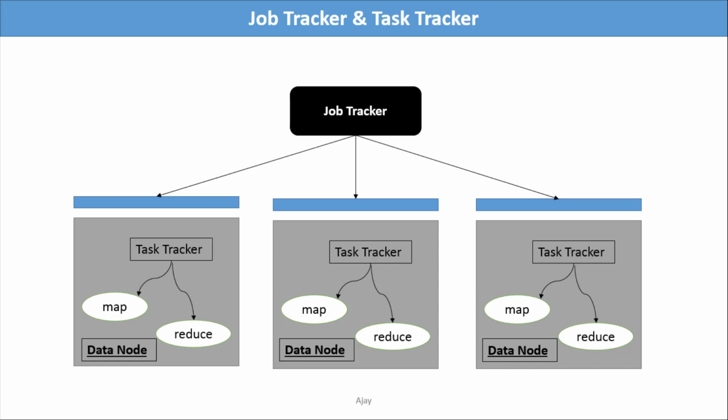Based on the instructions from the job tracker, the task tracker invokes the mapper or reducer program. There is one task tracker service running in each data node. For the analogy, job tracker and task tracker are similar to name node and data node in HDFS.